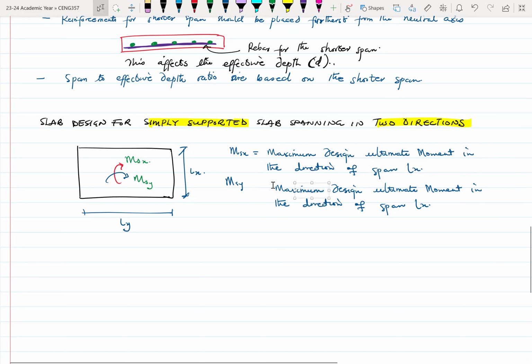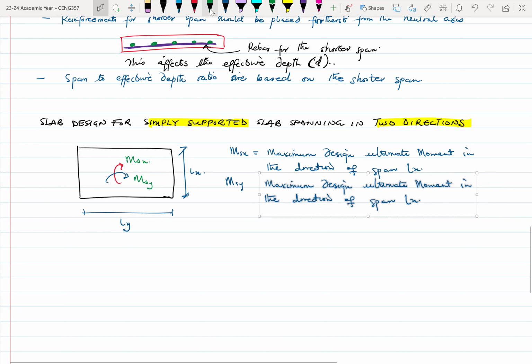Let me make this one green, so at least there's a difference between the two. Okay, this is our MSY and MSX. All right. And please, all of these are mid-span moments.